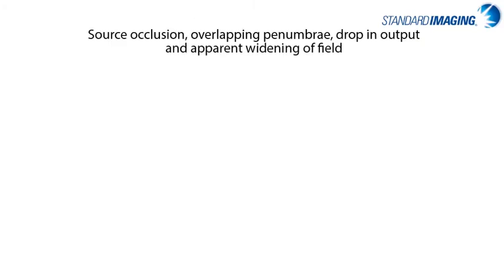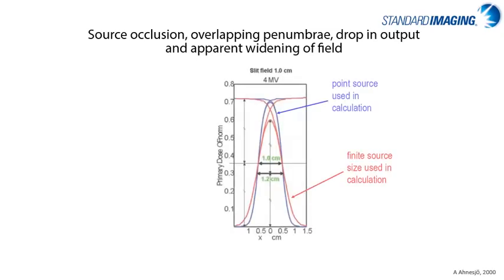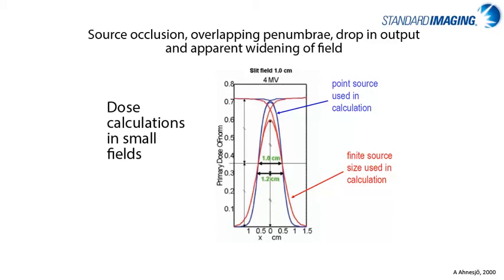Although I could spend an entire webinar talking about each of these characteristics at length, if we consider the conglomerate effect of source occlusion on apparent widening of the field, it becomes clear that the dose as calculated by something like a treatment planning system is based on an ideal point source, but in reality, looking at the red lines in this graph, our output does not follow that same curve and has an apparent widening with small fields as well.